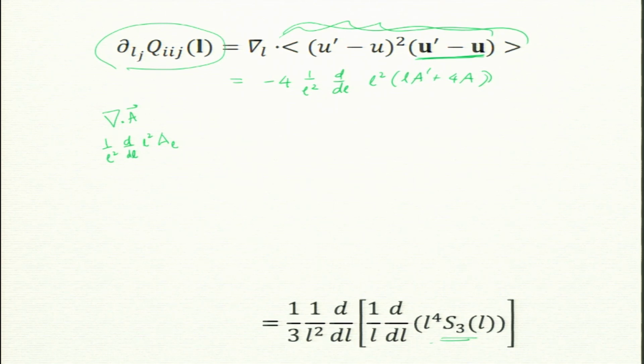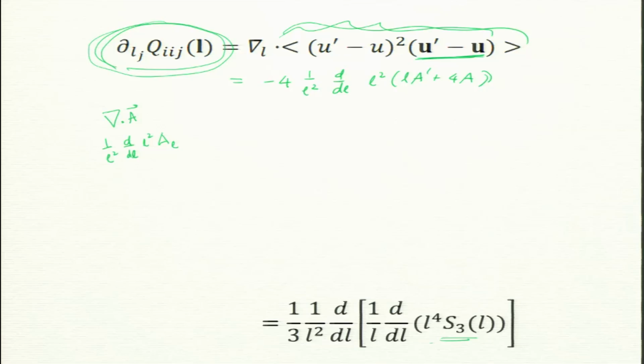So this is what we get. I think everybody is losing interest. Anyway, let us finish it off. This is a connection of this object, which I need in my derivation, to the third order structure function. So I stop with this, and now we quickly go to the last lab.